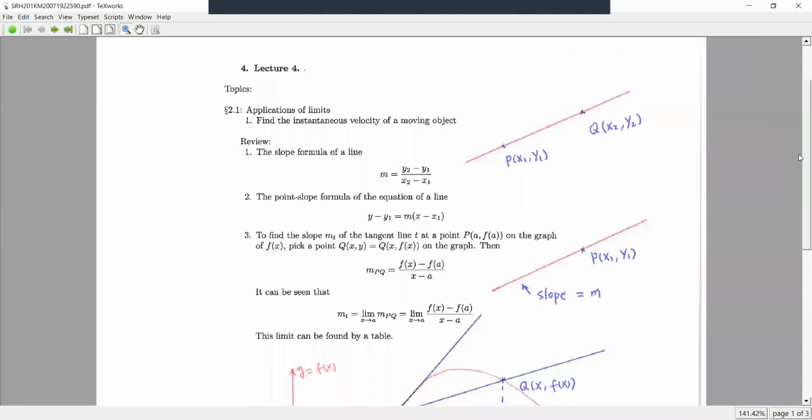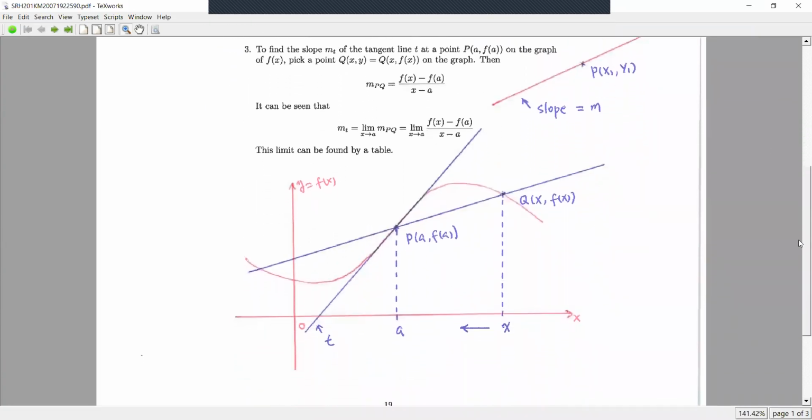Review number 3. Suppose this curve is the graph of some function f. Point P is a point on the graph. At the point P, there is a tangent line, and suppose we want to find the slope of this tangent line.